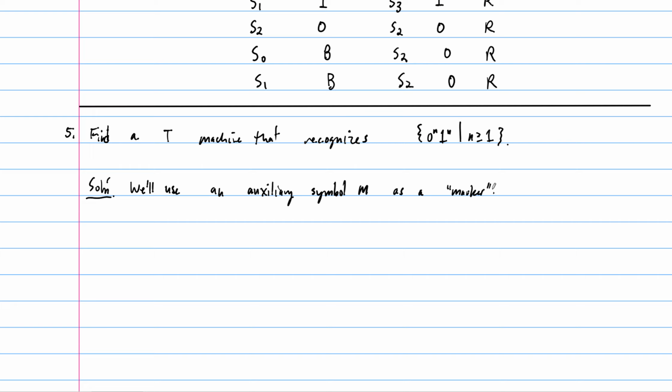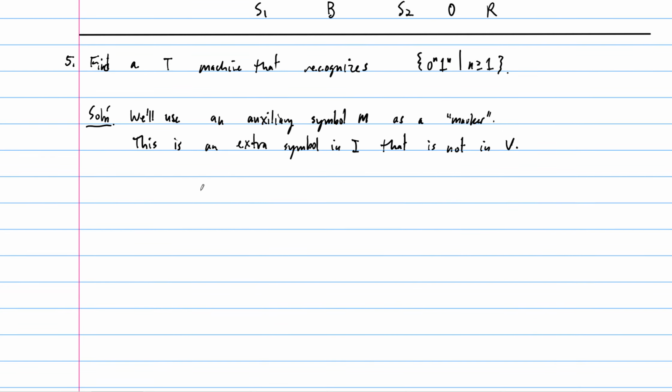So this is an extra symbol in the alphabet I that is not in the set V of stuff that we're going to try to read, the strings that we want to recognize.